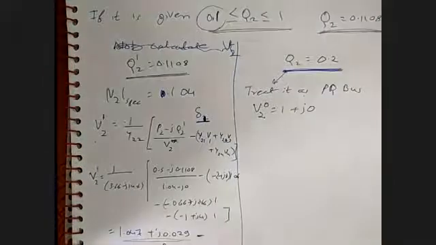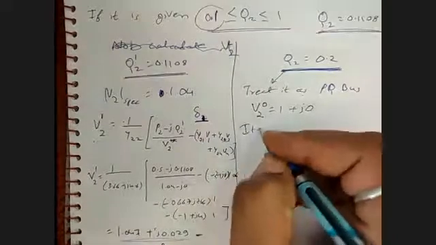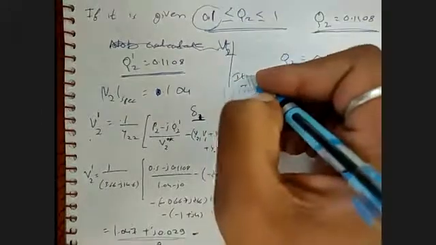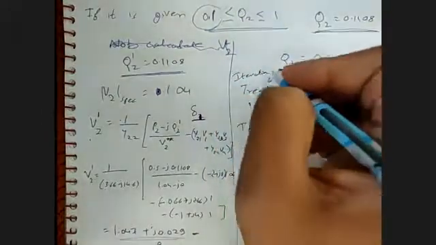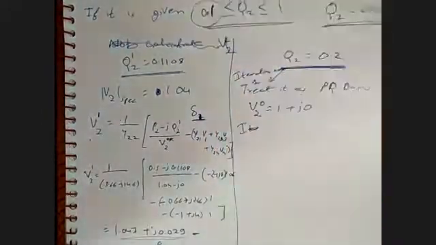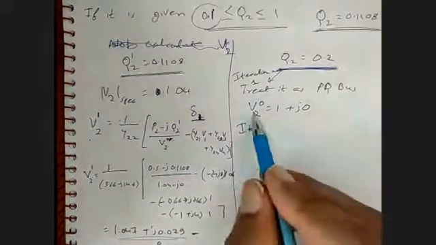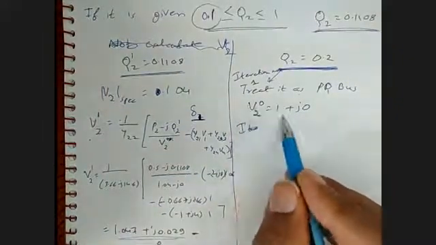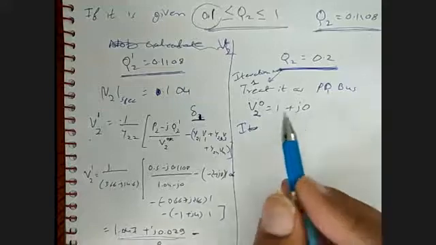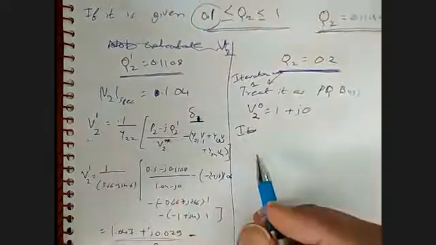That iteration only, not for all the iterations. It will be only for iteration number 1. For iteration number 1, we will select the voltage as 1 plus j0 as we have considered for all the other buses.